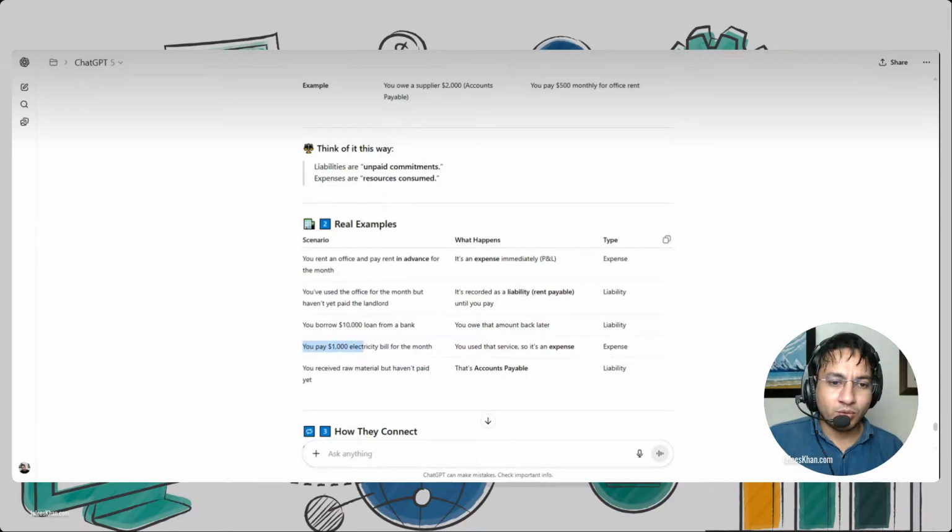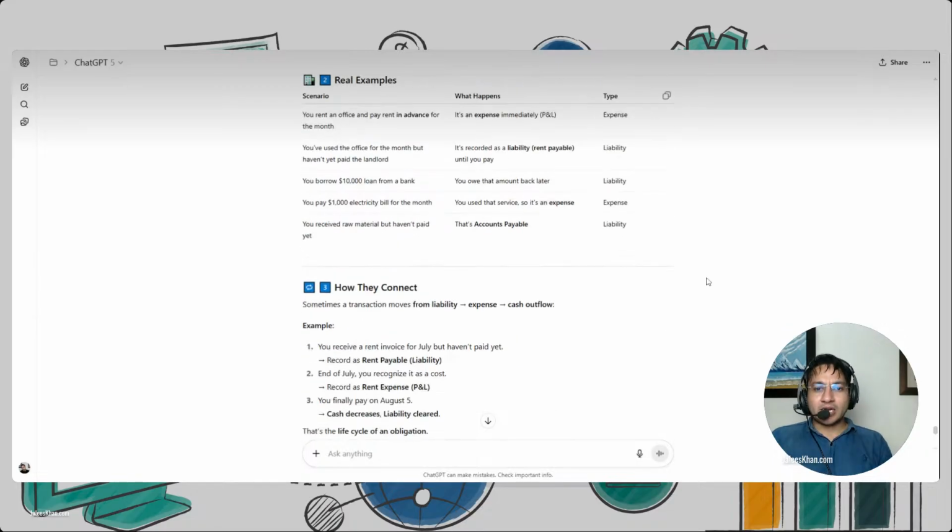Okay, you pay a $1,000 electricity bill for the month. You use that service. It's an expense. Okay, you receive raw material but haven't paid. That's accounts payable liability. You received raw material but haven't paid. I borrowed and said that I will pay it later.